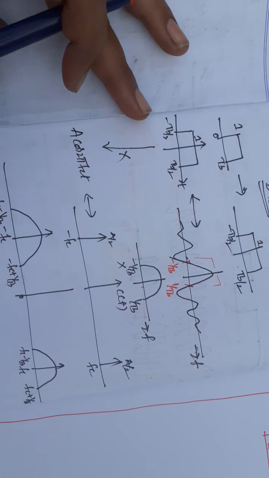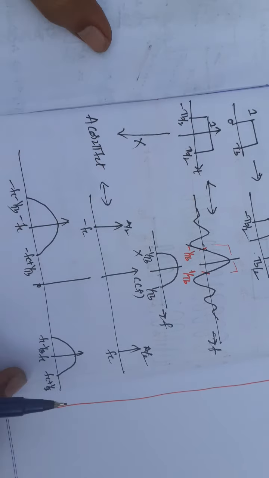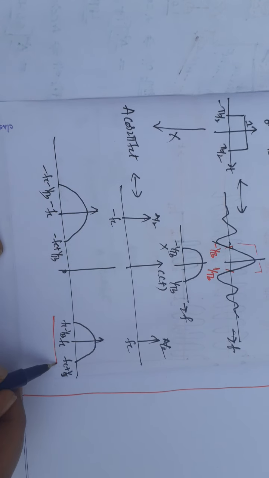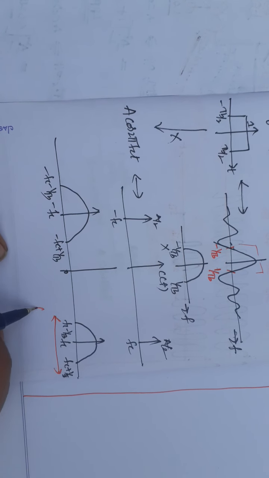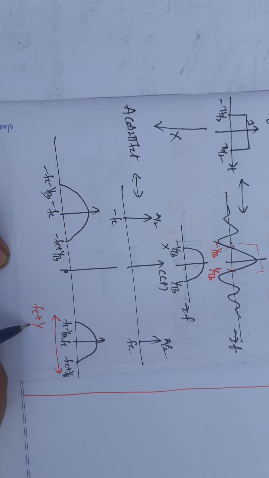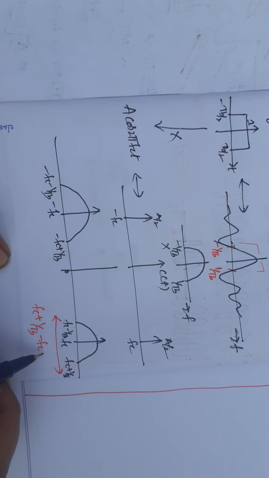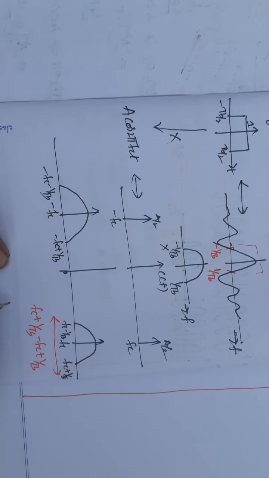Now if you calculate the bandwidth of this one, it is the highest frequency component minus the lowest frequency component: fc plus 1 by TB minus fc minus 1 by TB.